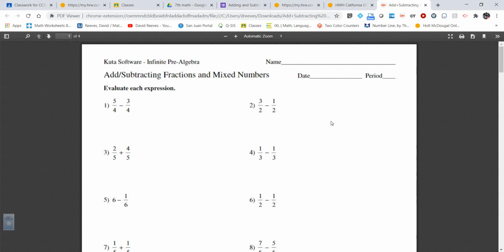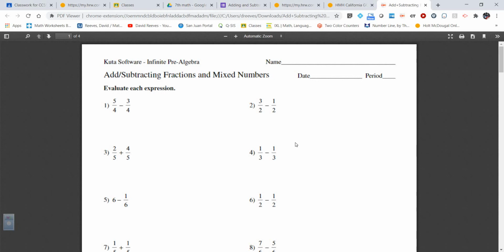So now what we're doing is we're combining those two things. We're combining your fraction skills with your operations on positive and negative number skills, okay? Which can be a little tricky because you have to remember both things, which is why we're reviewing those two things today.